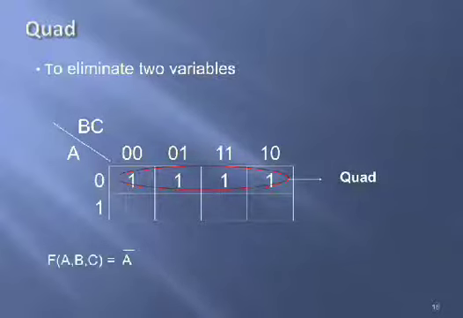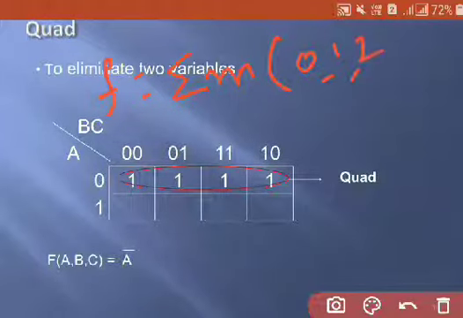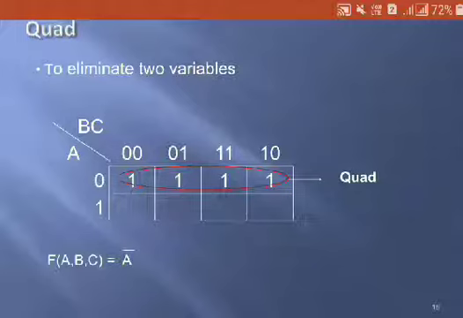We'll see another way of grouping 4 cells. It is like this. What is the function corresponding to this K-map? F is equal to summation m of 0, 1, 2, 3. This is the K-map. For this you can also group 4 cells like this, which is also a quad. In this, what are the variables that are eliminated?